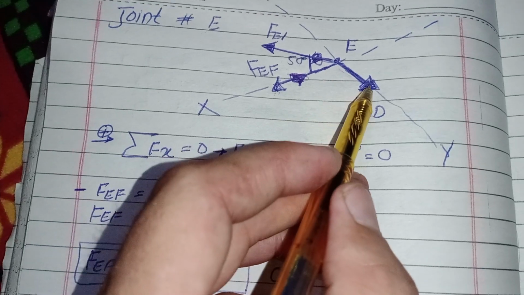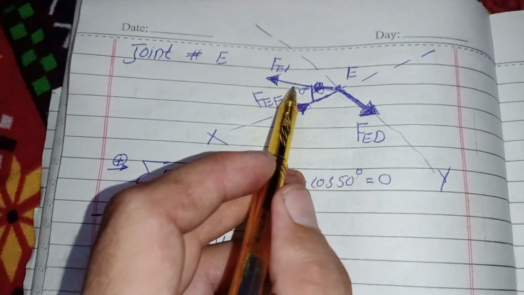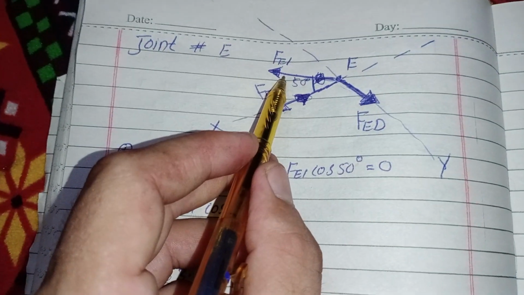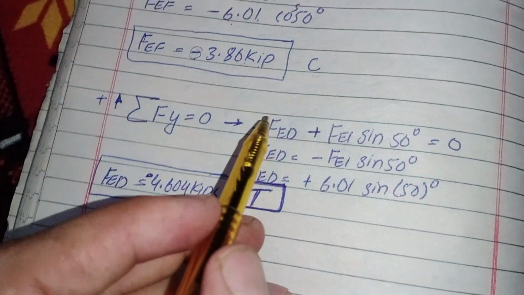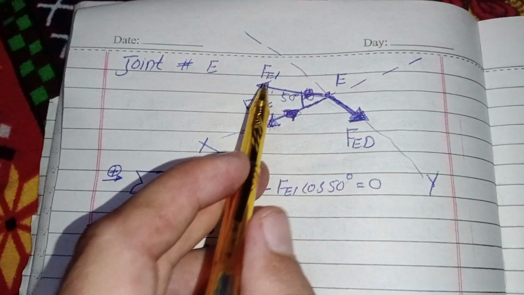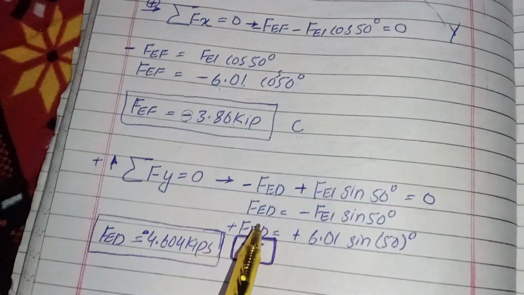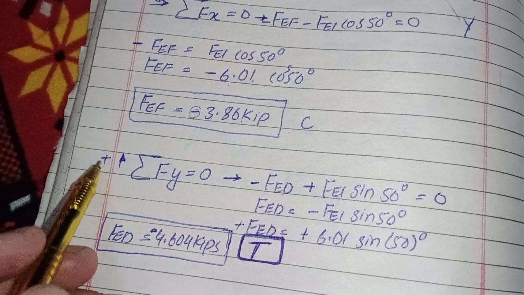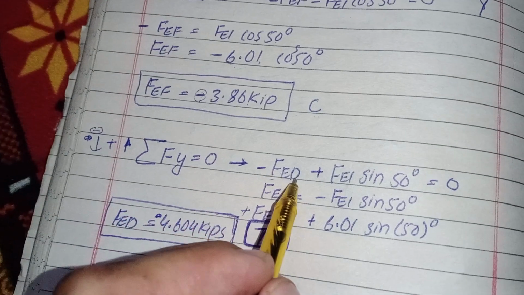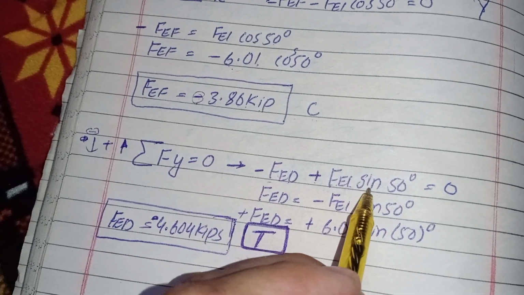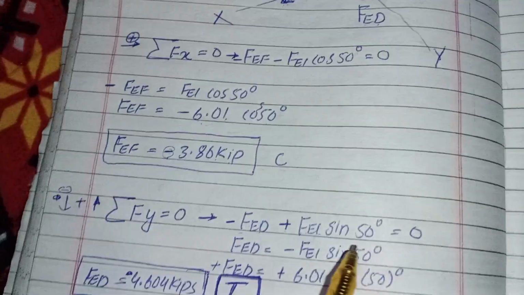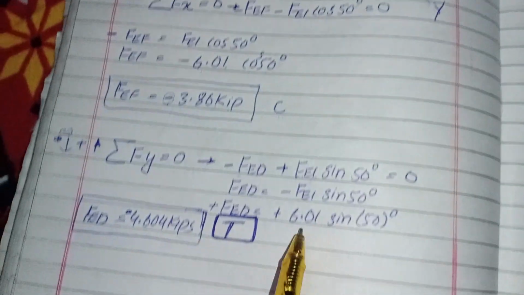So the summation of all vertical forces is equal to 0. One vertical force is this, and one vertical force will be the component of this member force. So negative FED, downward taken as negative, plus FEI sine 50 degrees, the vertical component of this force.